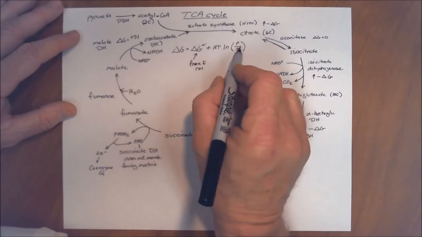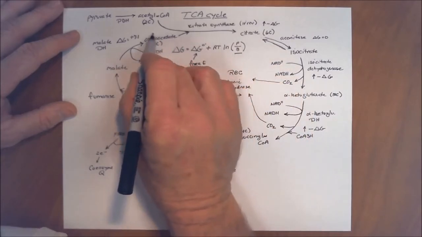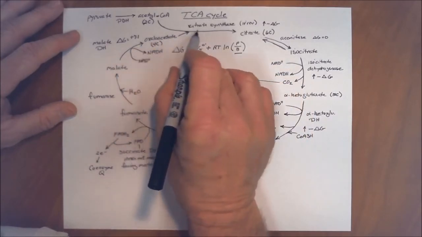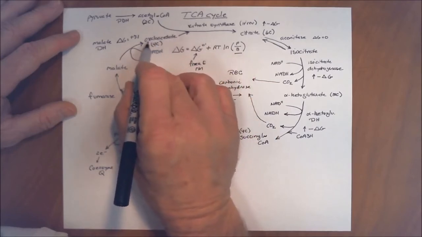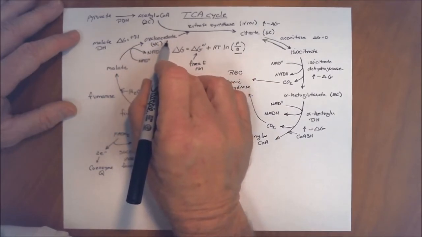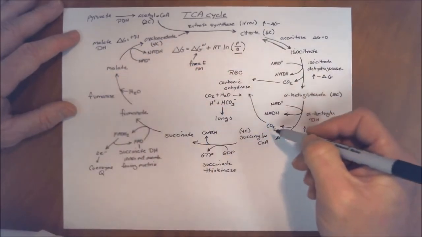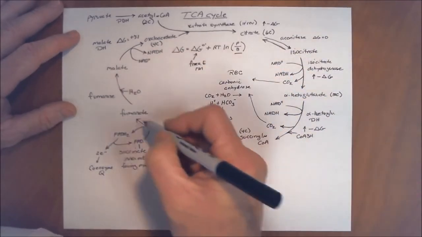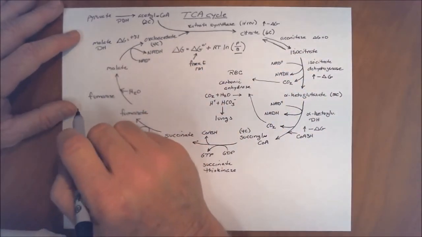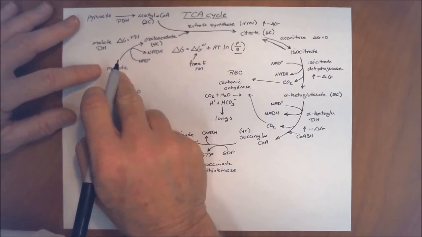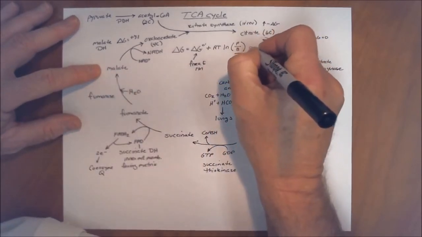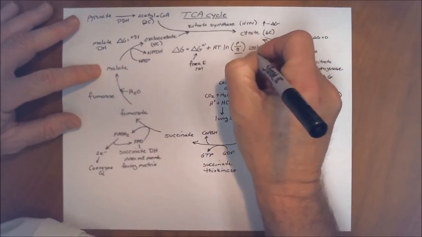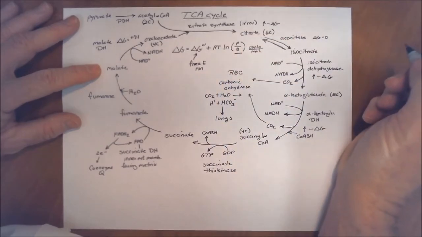So if the product is very low, and in this case oxaloacetate condensing with acetyl-CoA will keep this concentration of oxaloacetate low. Substrate is high because we're having lots of processivity through the TCA cycle, so the concentration of malate is very high. So this would be oxalo over malate concentrations.